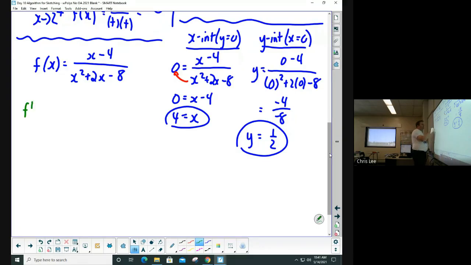Let's do the derivative. And I think you guys are good enough to do this here. The derivative of the top is 1 times the bottom minus the derivative of the bottom. So the derivative of the bottom is 2x plus 2.